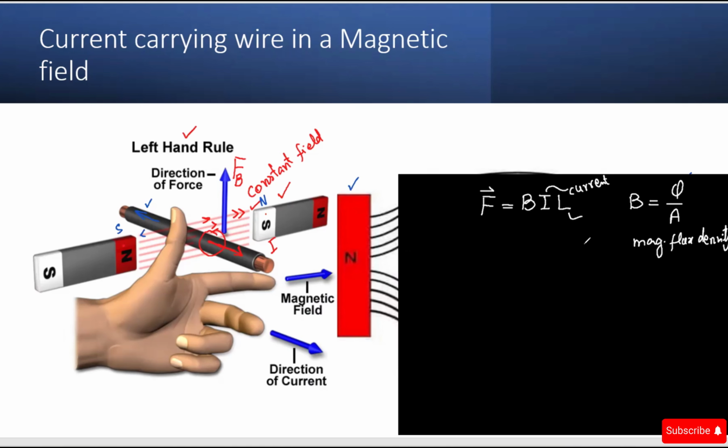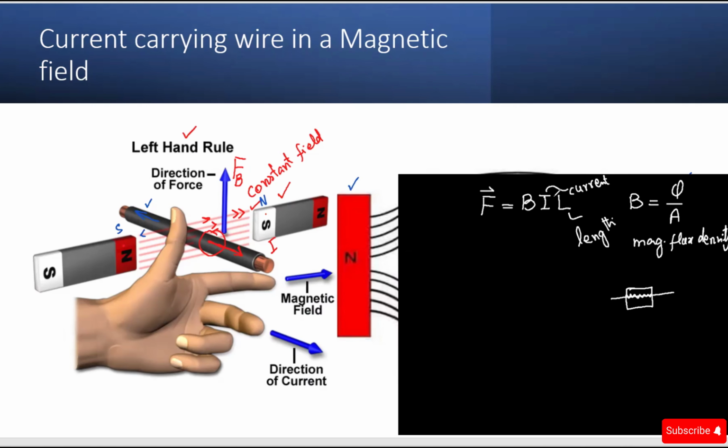And L is the length. What length is it? This is the length which is inside the magnetic field. For example, if we have a magnetic field within this area and our wire is like that, then this is the length L, which is inside the magnetic field, not the total length of the wire.